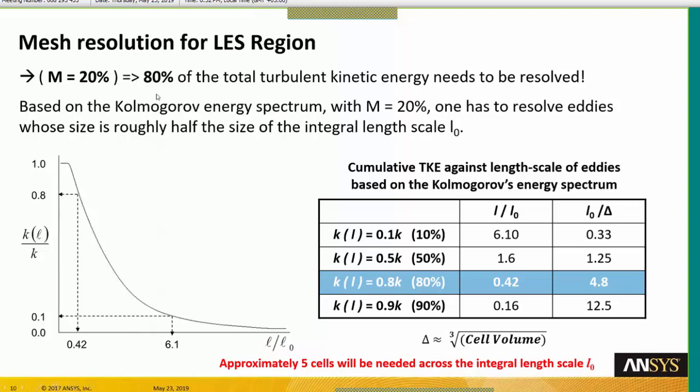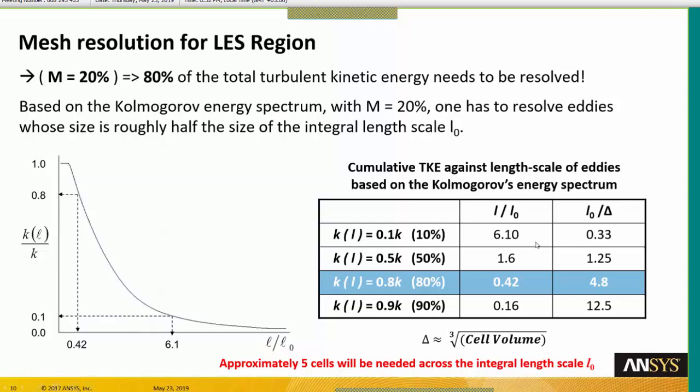If we try to define more clearly what it means in terms of grid sizing, consider this limit of M equal to 20%. That means that we want 80% of the total turbulent kinetic energy to be resolved. Ideally we represent the turbulence spectrum, and we want a ratio of resolved energy around 80%.